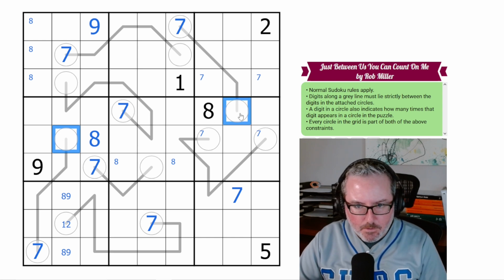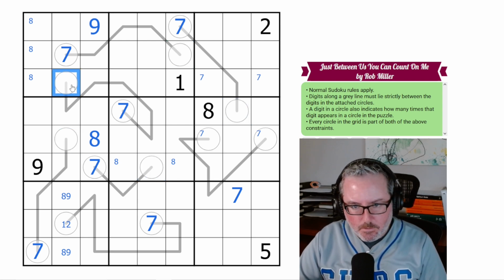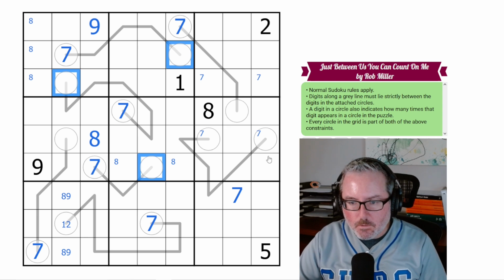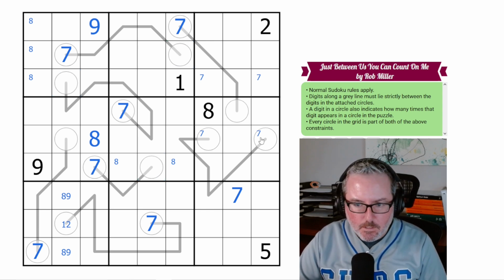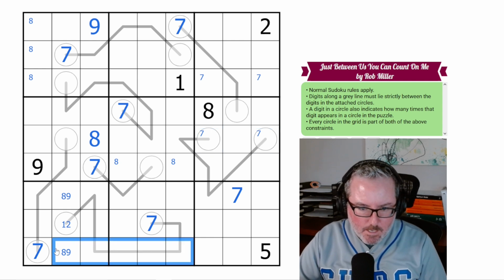That would mean we could put a 5 here, here, and here. That's only 4 possible options. If you looked at this one instead, it still means that these could be, and then any one of these 3. That's still only 4 digits, so you can never put a 5 on to our circles.